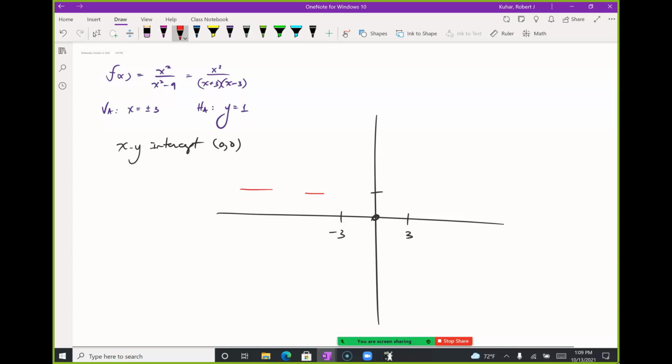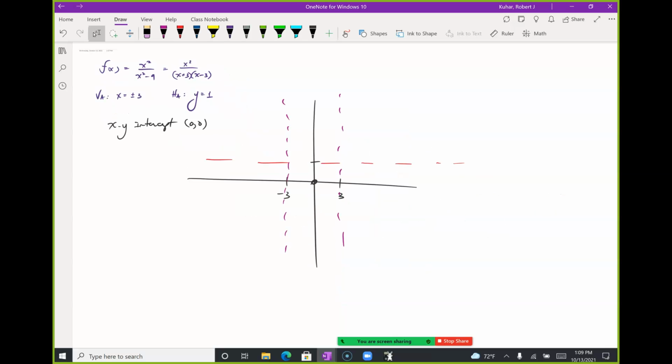At y equals 1, I've got a horizontal asymptote, right? And remember, I'll never cross a vertical. I can cross a horizontal. I can already see that when I plug in positive 3, I get a short run behavior of 1 over x. And when I plug in negative 3, I get a short run behavior of negative 1 over x.